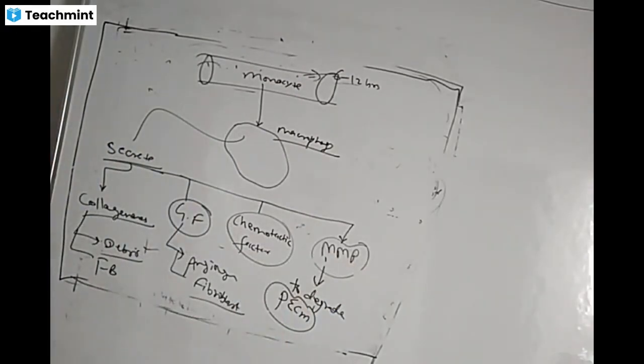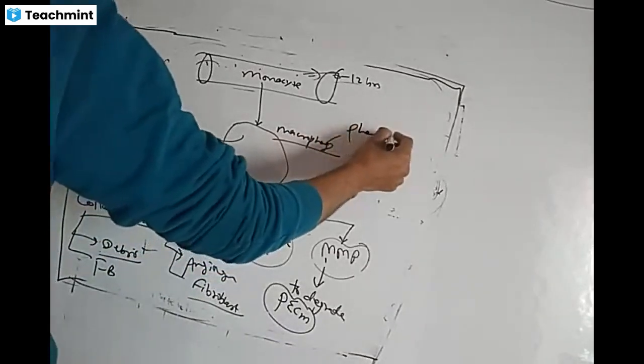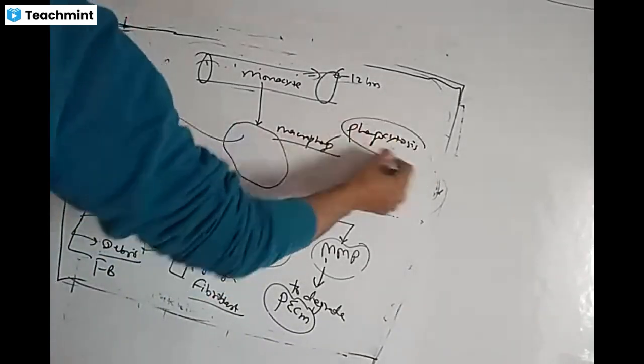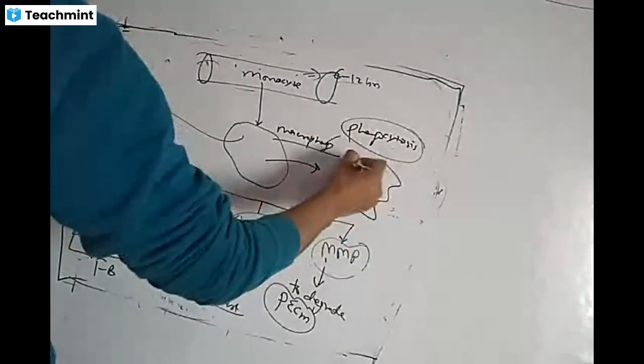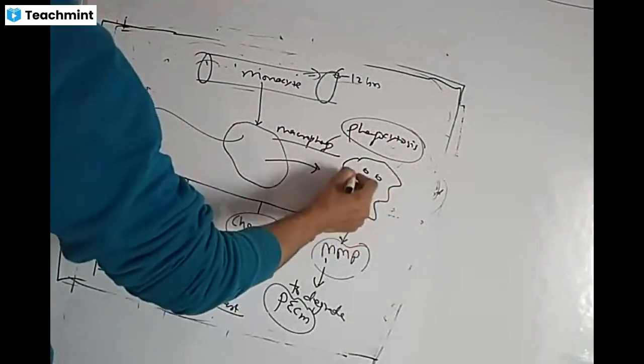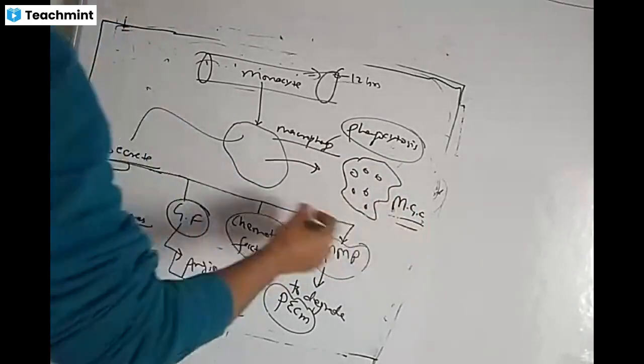And the most important role is their phagocytosis. Sometimes these macrophages become multinucleated giant cells to phagocytize the big debris. So these are the monocytes.